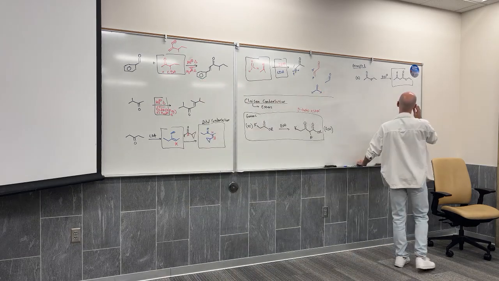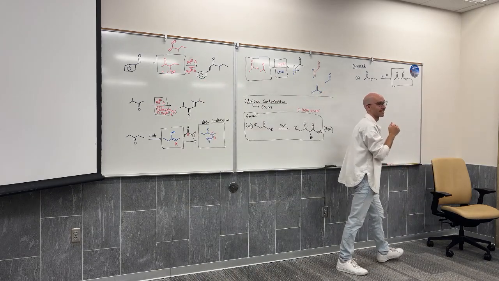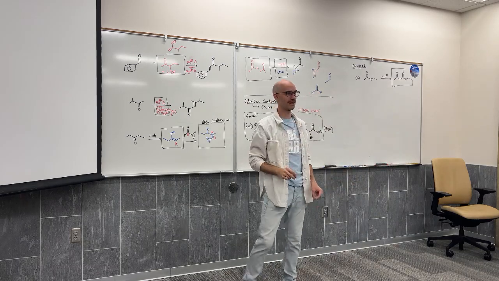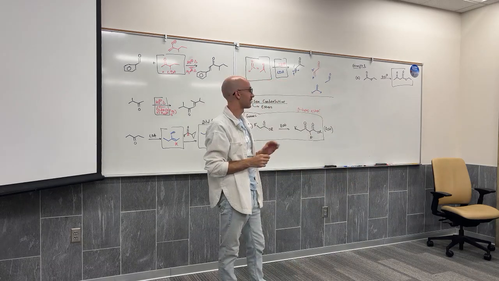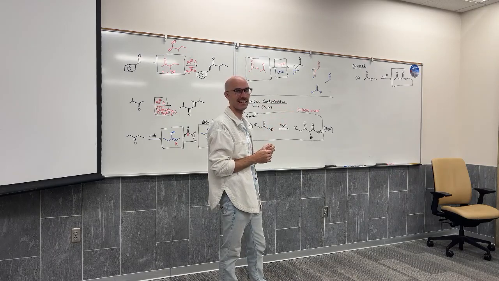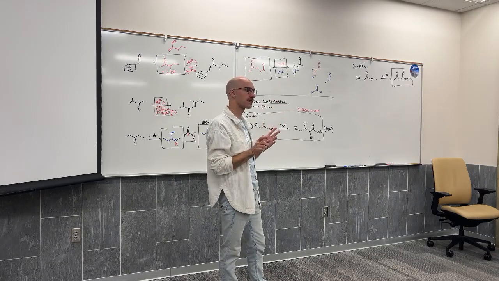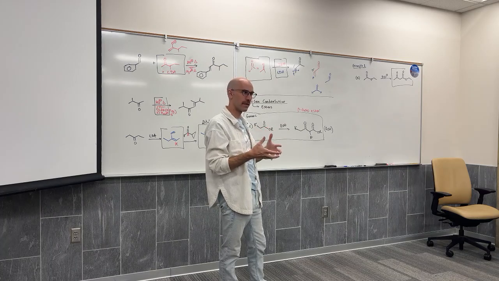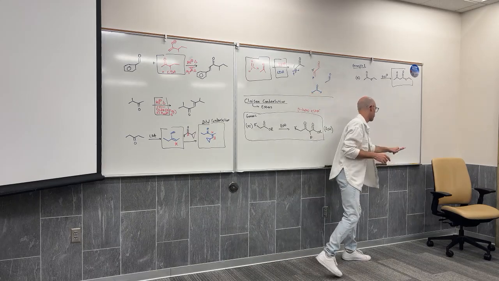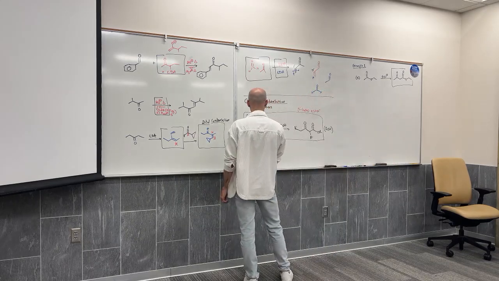Ethyl acetoacetate. That's an acetoacetic ester. So here's an interesting thing about the chemistry, and we're not going to show it this way. We're going to assume aqueous workups, but I do want to clarify for you.